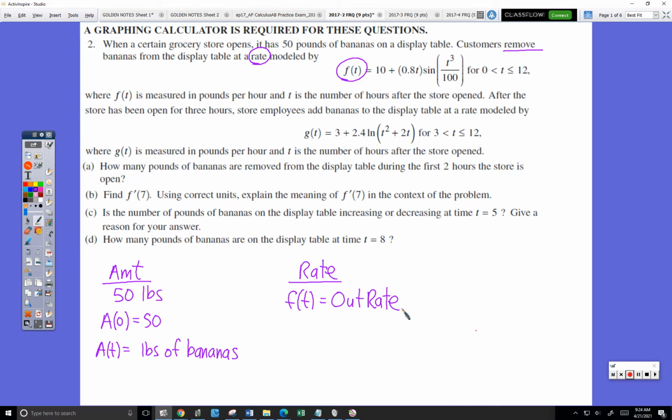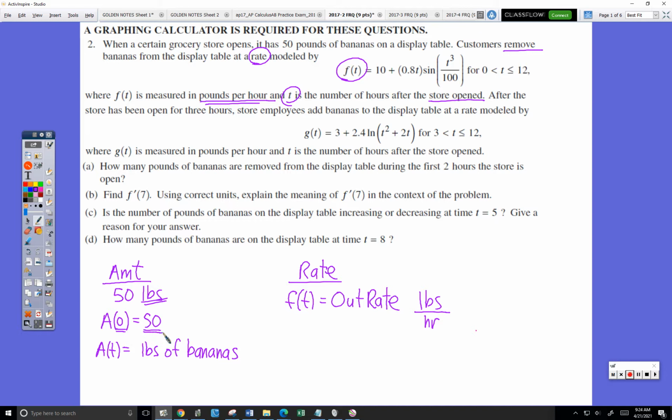F is measured in pounds per hour, that makes sense because the amount is in pounds, so the rate would have to be in pounds per some time, so pounds per hour. T is the number of hours after the store opens, so this makes sense, at time 0, we have 50 pounds.